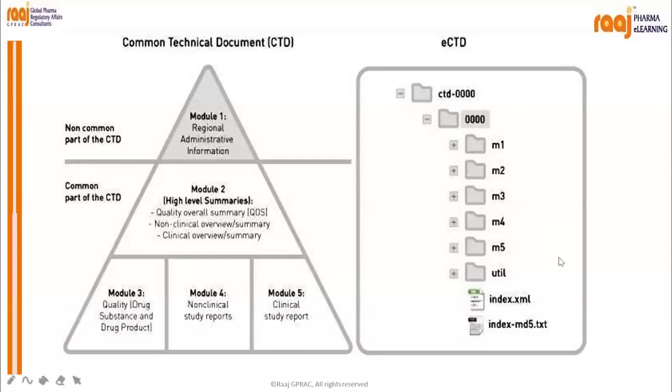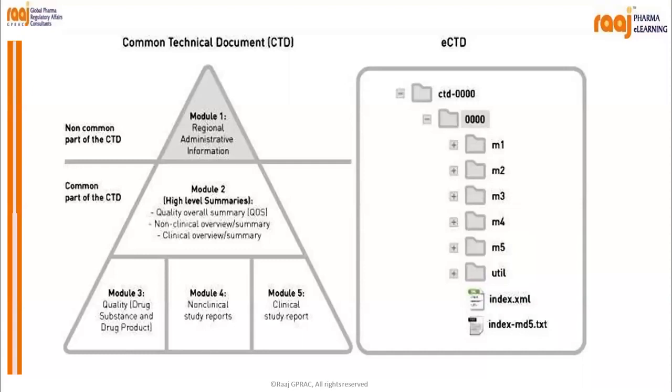So this is an illustration of how these modules are organized and how the eCTD looks. On the left-hand side you can see the CTD format in the triangle, and on the right-hand side you can see the eCTD, which always has the original submission, designated as sequence 0000, under which you will organize module 1, module 2, module 3, module 4, module 5.